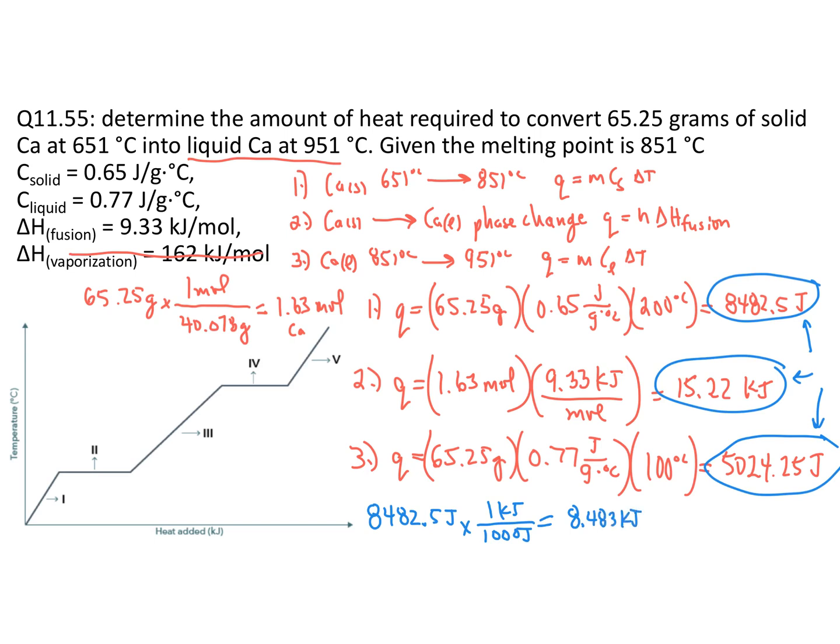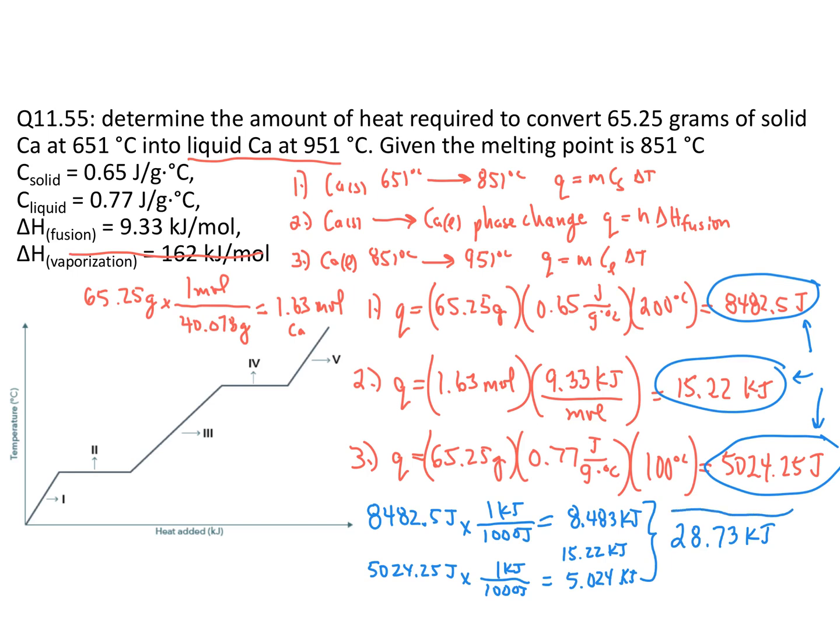Step 2 was already in kilojoules, 15.22 kilojoules. And step 3 was 5,024.25 joules. Again, divide by 1,000 to go from joules into kilojoules to get approximately 5.024 kilojoules.